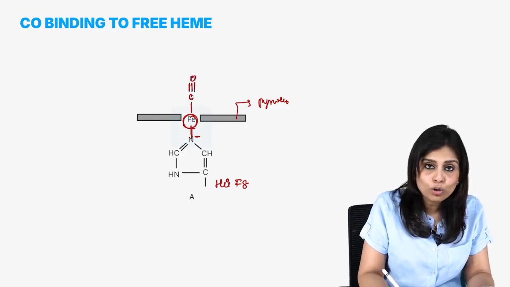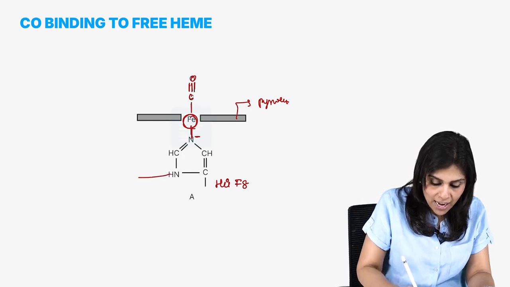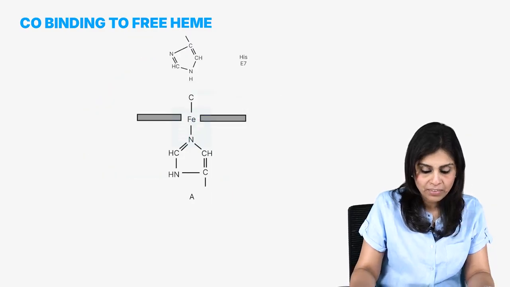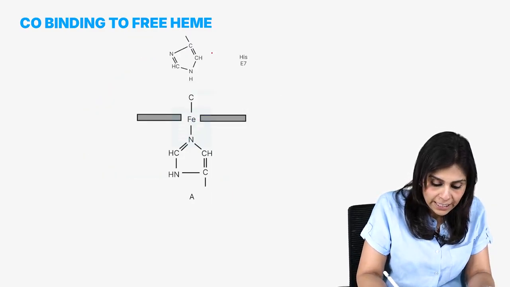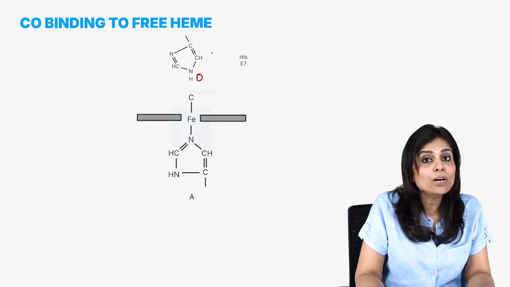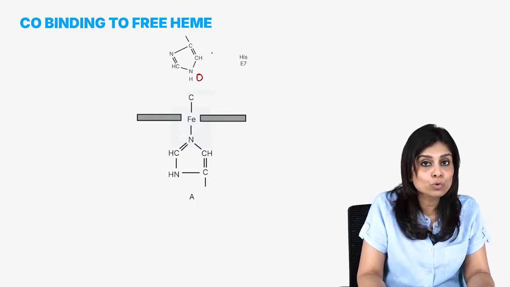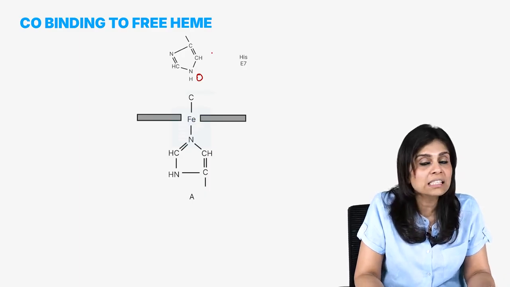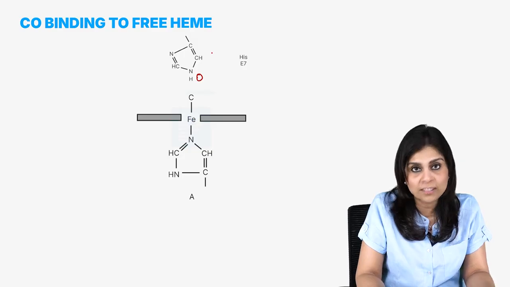When carbon monoxide binds, what is on the other side of this Fe2+? That is histidine E7. So this histidine E7 hinders the binding of O of carbon monoxide. So the affinity of carbon monoxide to Fe2+ within the globin chain is reduced, and that is how we escape from carbon monoxide poisoning.